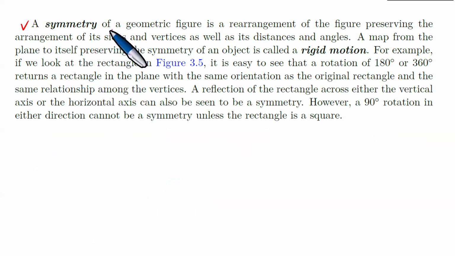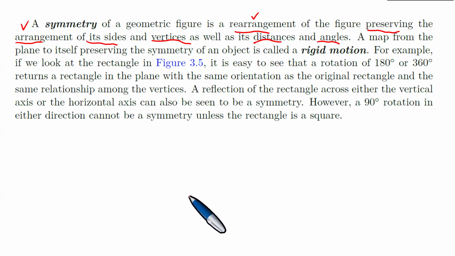A symmetry of a geometric figure is a rearrangement of the figure, preserving the arrangement of its sides. So there's something you're preserving here. In the process of rearrangement, we are preserving the arrangement of its sides and vertices, as well as its distances and angles.